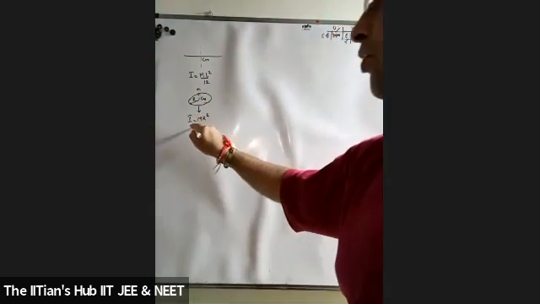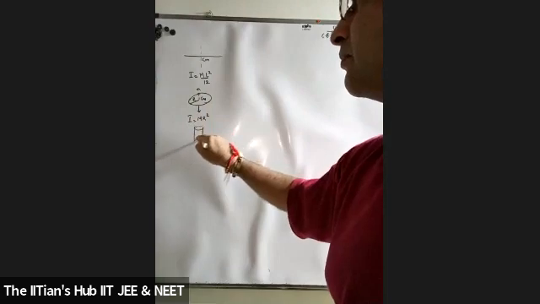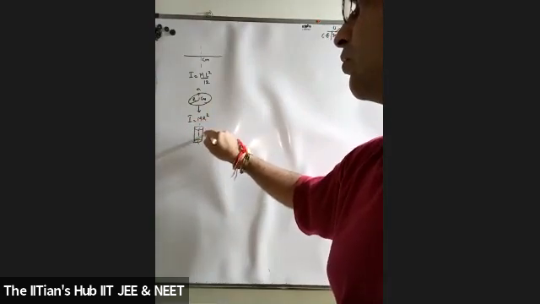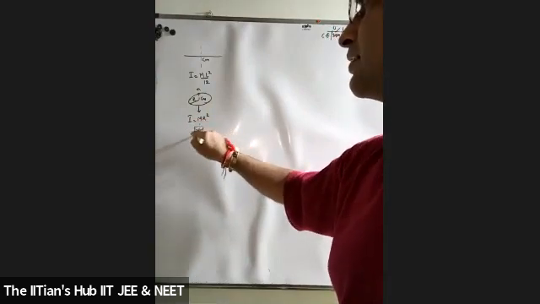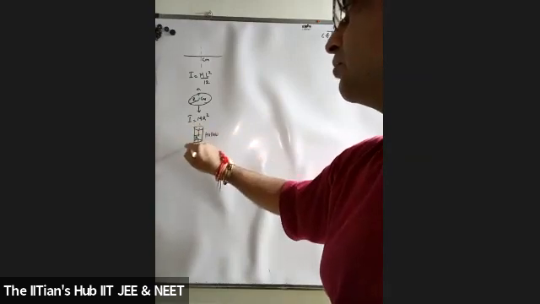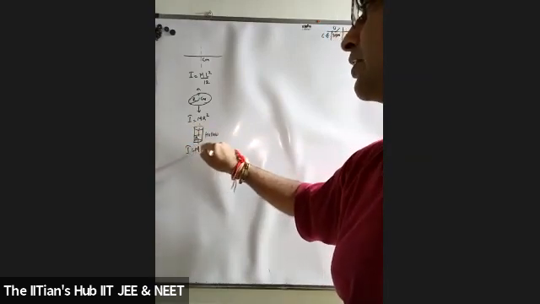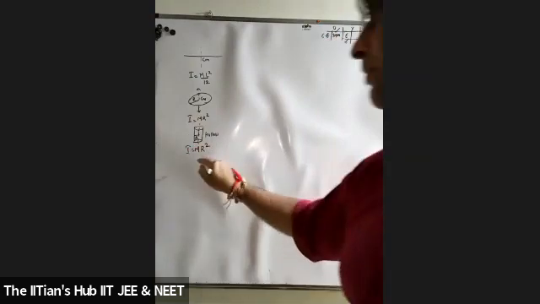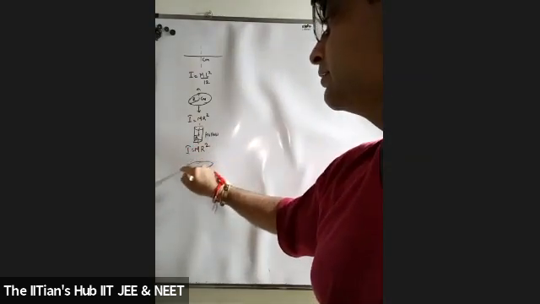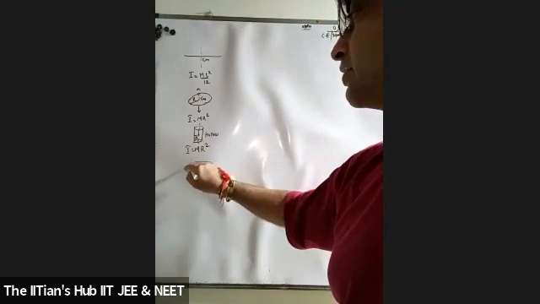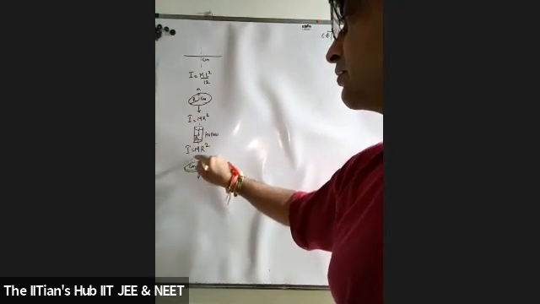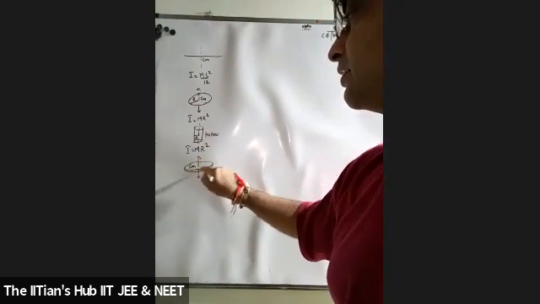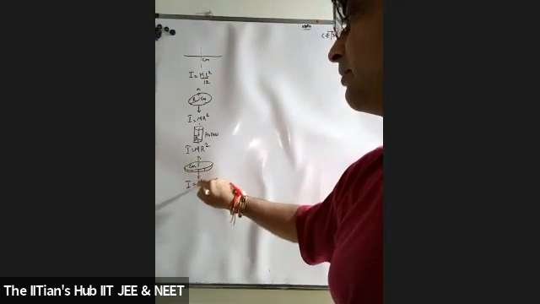If I happen to go for a hollow cylinder, students, radius is r, for this also the moment of inertia will be mr square only. If I happen to go for a right circular disk about an axis passing through the center of mass, then moment of inertia will be equal to mr square by 2.